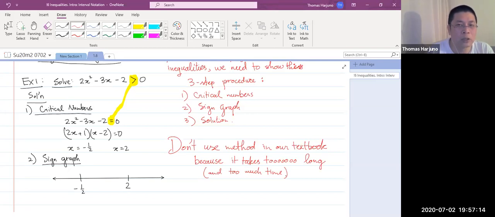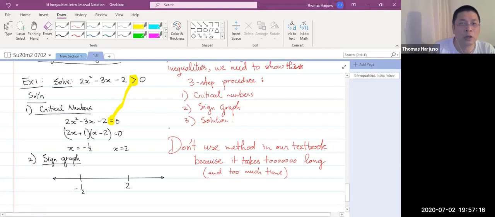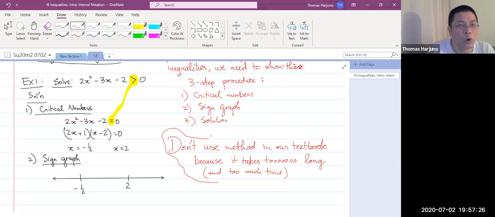But the problem is using other methods, including the way our textbook does the sign graph, will actually take many times longer. So let's say in a more complicated setting, it takes me 5 minutes instead of 3 minutes.